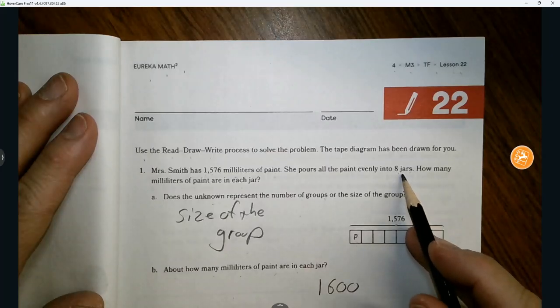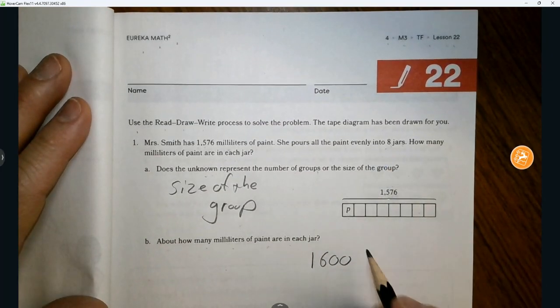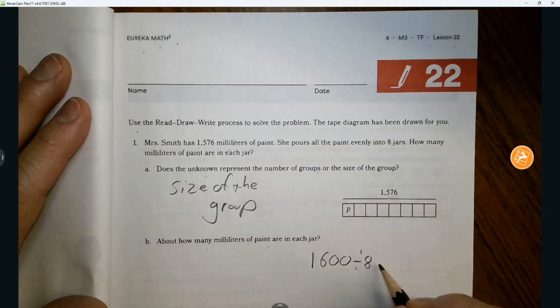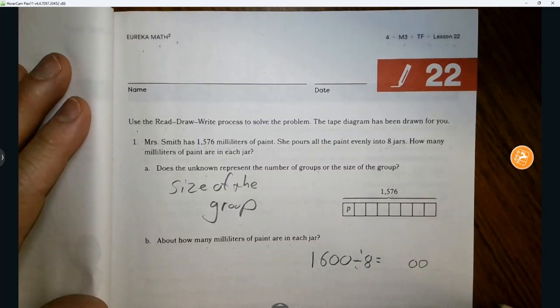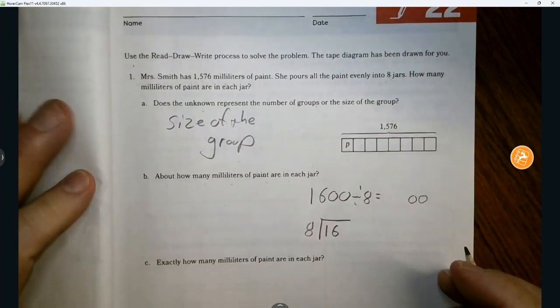Remember, we're putting it into 8 jars, so we divide that by 8. I say this all the time in my class: if you have 2 zeros, let's just take those zeros and put them in our answer. Now all we have left is 16 divided by 8. I keep forgetting to move the book.